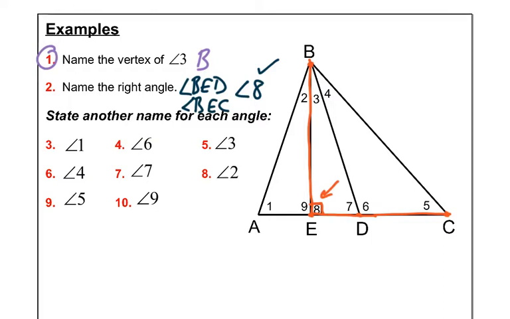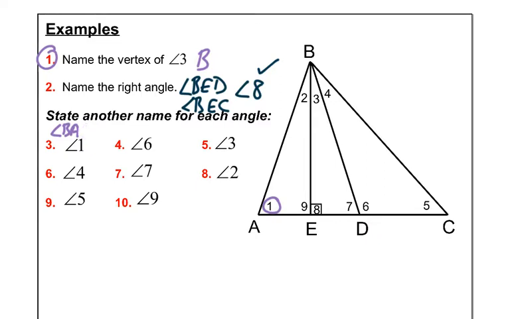All right, let's try each of these angles we have here. How about angle 1? Angle 1 over here. That's right at the vertex, so I can call that angle BAE. Or do you see that after A to the right, that extends for a long time.